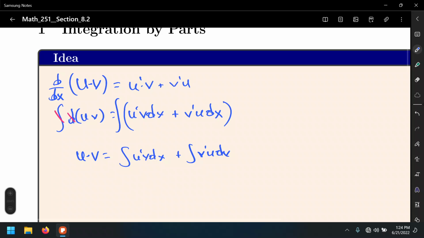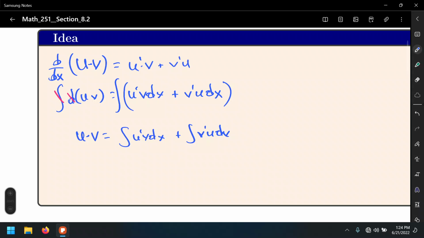Well, in this case, if we solve for this, let me actually write this in the reverse order, because ultimately what we want to get is the integral of some function u.